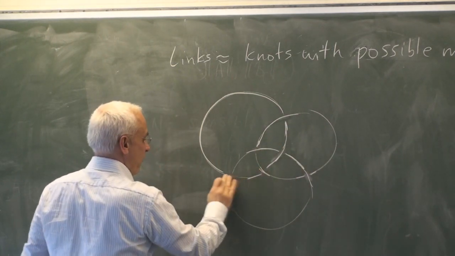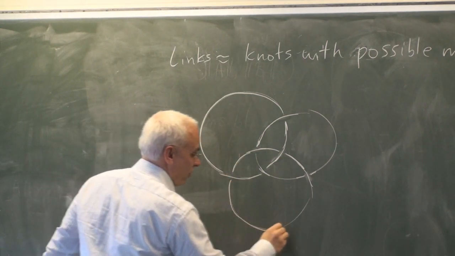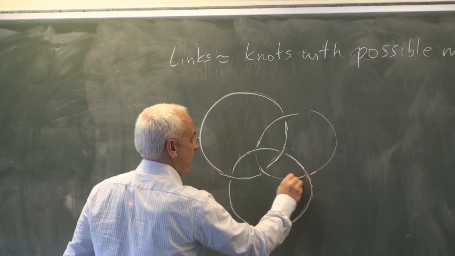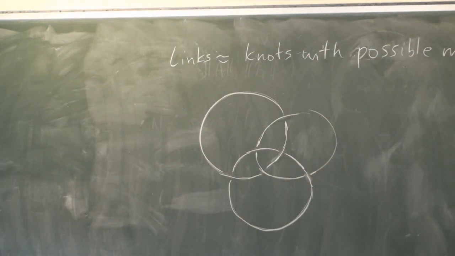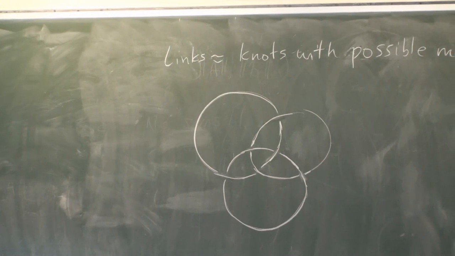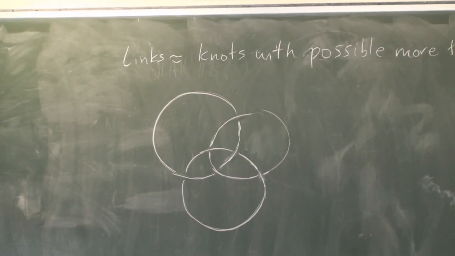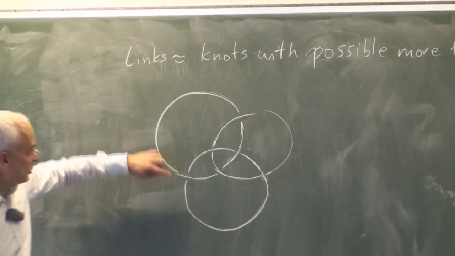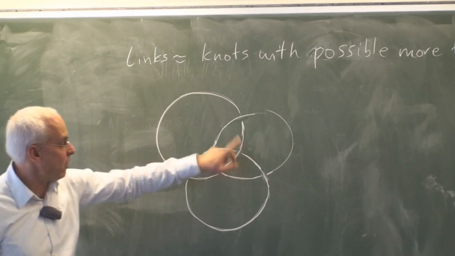And under there and over here. They alternate, all going over and under. Okay, so we have three circles like this. And can you see how they're overlapping? As we go around any one circle, we go over one, and then under one, and then over one, and then under one for all three circles.